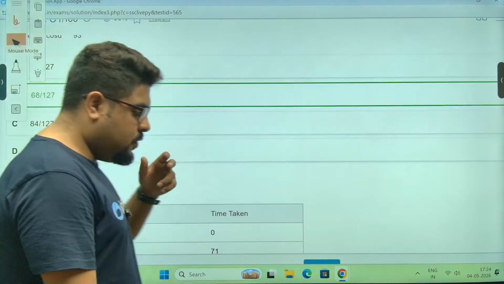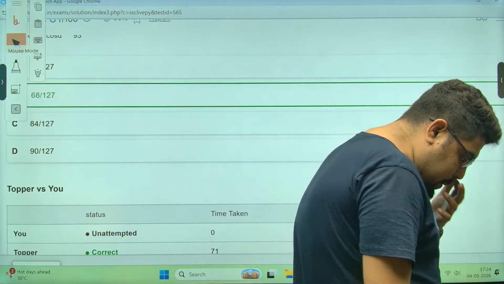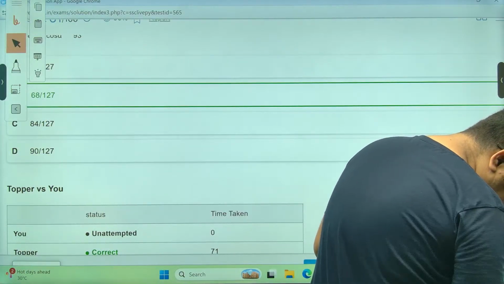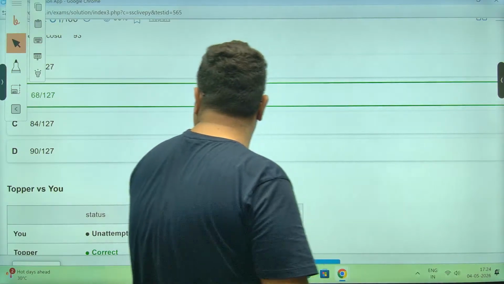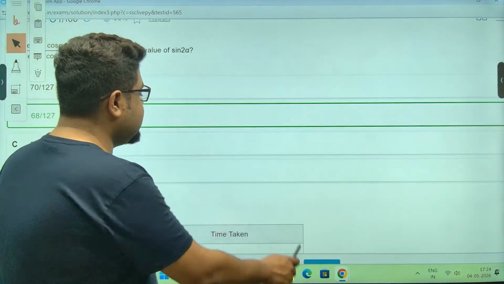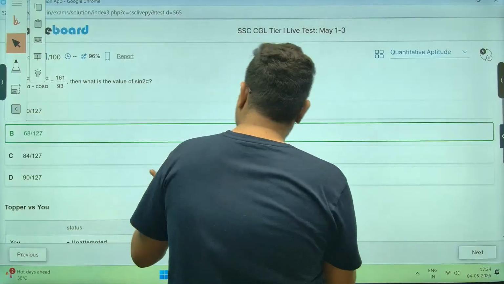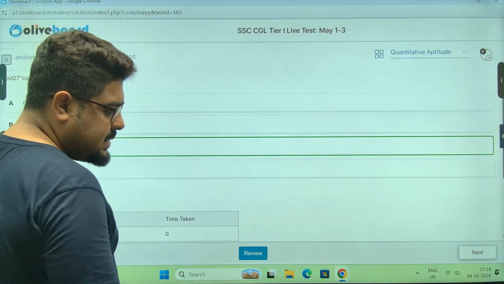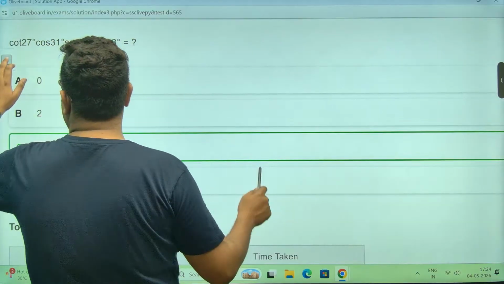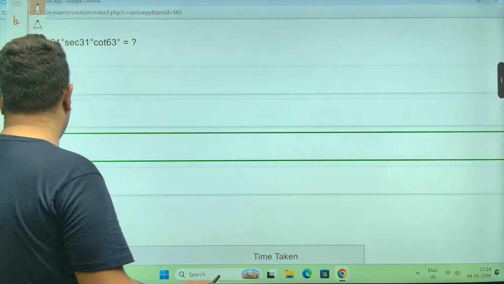Moving on, sir. Aurelius is saying, sir, can you explain the first step? Which question, Aurelius? Can you please tell me the question number? The previous one? This one? This question, brother? Again, chalo, no worries.